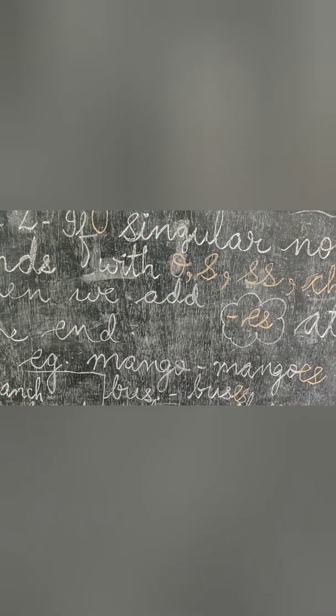Branch, branches. It ends with the ch sound, so we will add es. An example of a word ending with x sound is box, so the plural will be boxes. In this way, if we follow some rules, we will be able to make plurals of different nouns correctly.